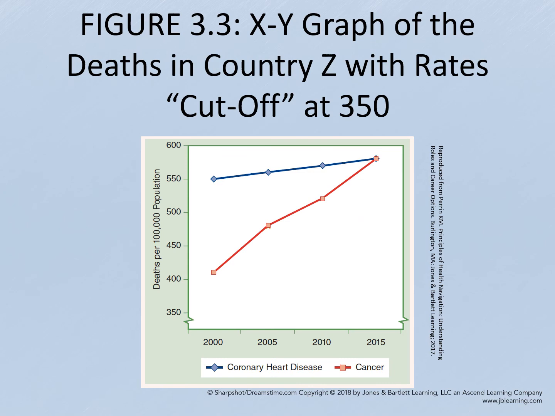Looking at this diagram, we cut off at 350. It is the same diagram when we cut it off at 350 and put a little bar like this. It's called cutting off. If you cut off the death rates at 350 per 100,000 instead of 0, the apparent increase in cancer rates is magnified.